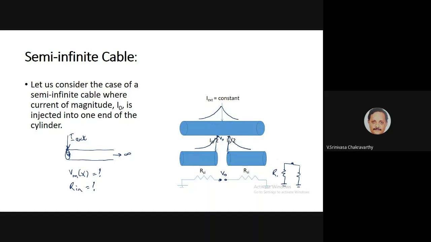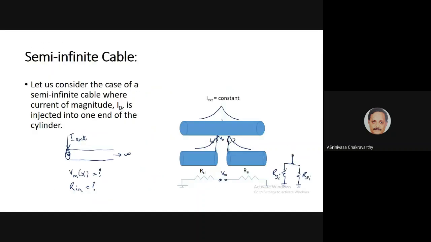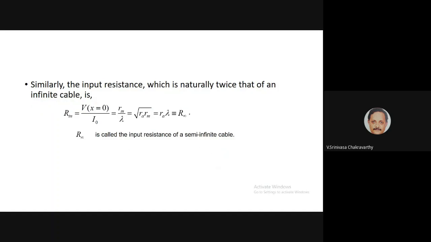This whole resistance, as we know, is equal to Rin that we calculated before. Therefore, the individual RSI, the input resistance, is twice that of the infinite cable. So it now simply becomes Rm by lambda, or square root of Ra Rm, or Ra times lambda.